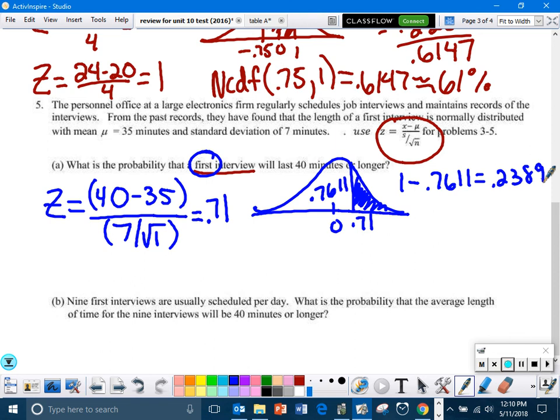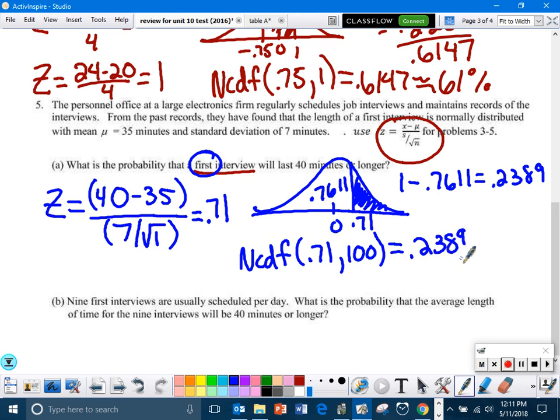Using the calculator, normal CDF, 0.71 comma 100. 0.2389, which is about 24%. So 24% chance that the first interview will last 40 minutes or longer.